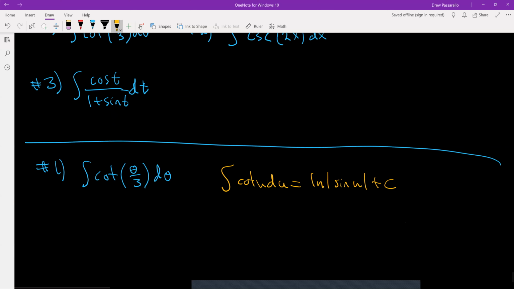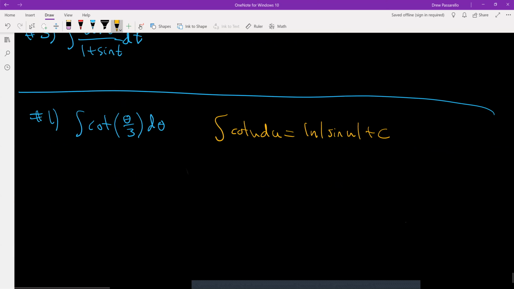Our u is going to be whatever you're taking the cotangent of, in this case theta over 3, which you could write as 1/3 theta. So when you take its derivative, du is just 1/3 d theta, because it's a constant times theta.